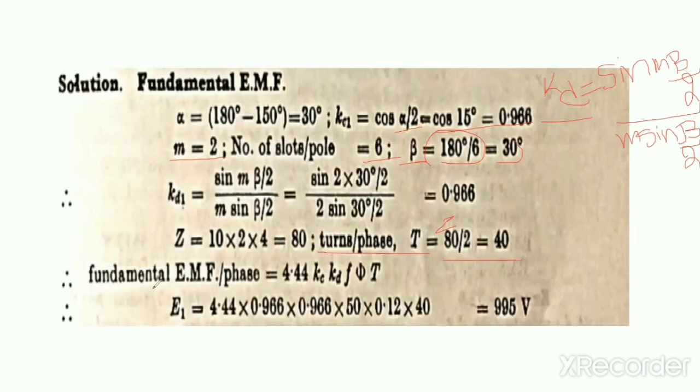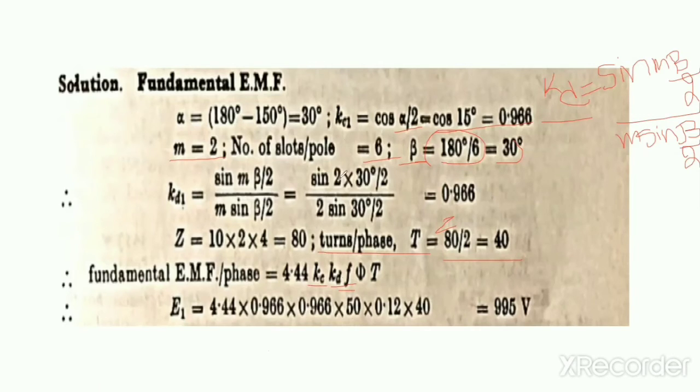Next, the fundamental EMF per phase. What is the formula for the fundamental EMF per phase? That is equal to 4.44 Kc Kd F phi T, where T is the number of turns, phi is the flux, F is the supply frequency, Kd is the distribution factor and Kc is the coil span factor.